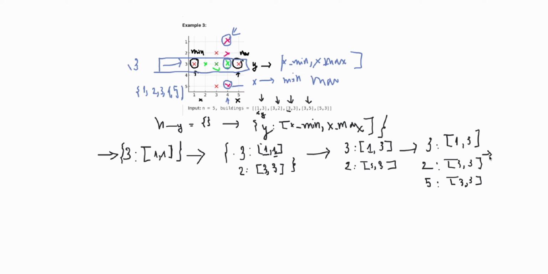And then lastly we can update this one, and it will convert this 3 into 3, and then that is the 1 and 5, right? And that is the 2, 3 and 3, and that is the 5, 5, 3 and 3.